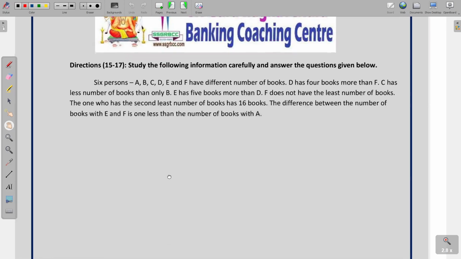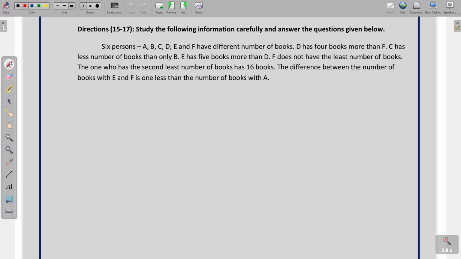Directions 15 to 17. 6 persons A, B, C, D, E, F have different numbers of books. So 1, 2, 3, 4, 5 and 6. It is the minimum and it is the maximum. D has 4 books more than F. C has fewer books than only B, so B here and C here.